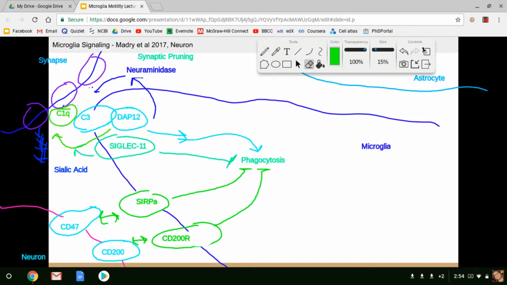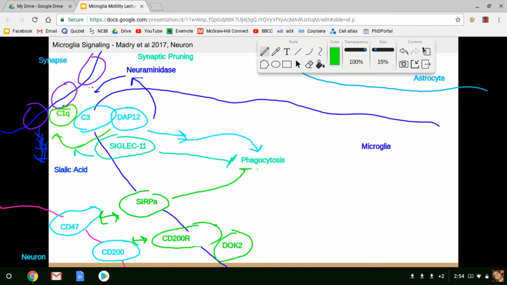I'll go into a little more detail with CD200 because I'm familiar with its pathway. CD200, when it binds to the CD200 receptor, recruits an adapter, like many proteins do. It's a receptor tyrosine kinase, so it autophosphorylates itself, and it produces a binding domain for DOCK2.